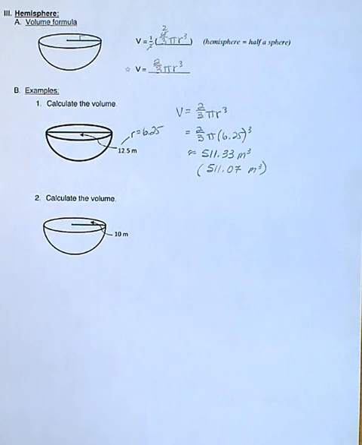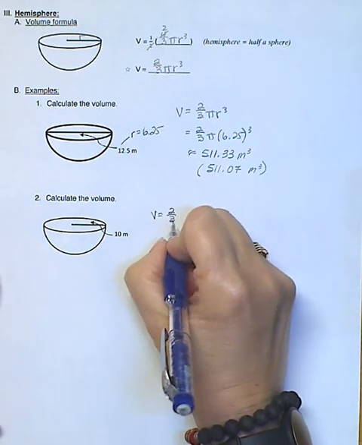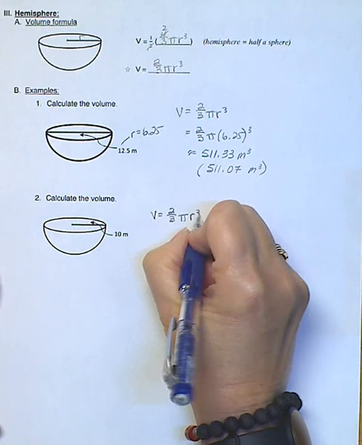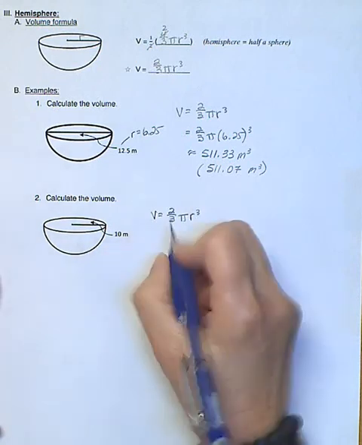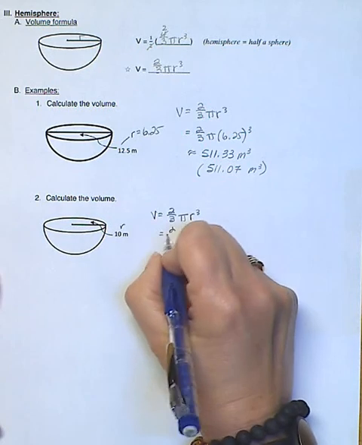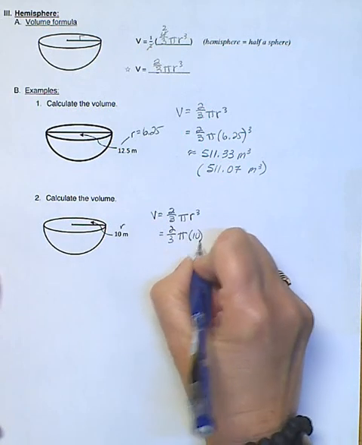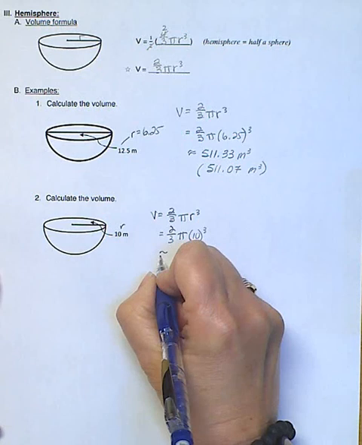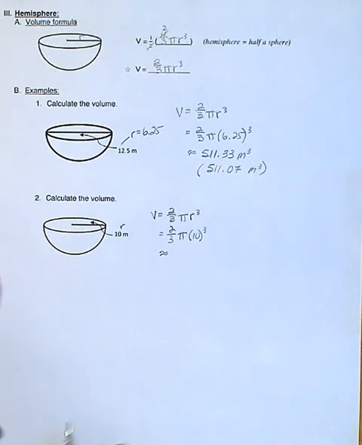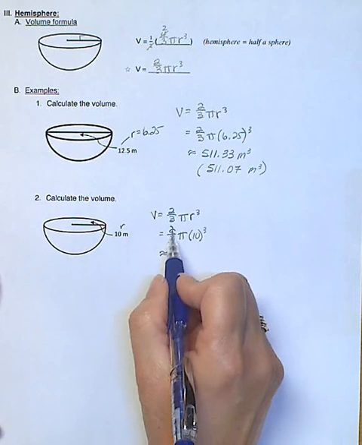And our last example, 2/3 times pi times radius cubed, because it's again a hemisphere. So our radius is 10, so 2/3 times pi times 10 cubed. So we're going to cube our 10, we're going to have around 1,000 times 2 divided by 3, and oh yeah, don't get multiplied by.